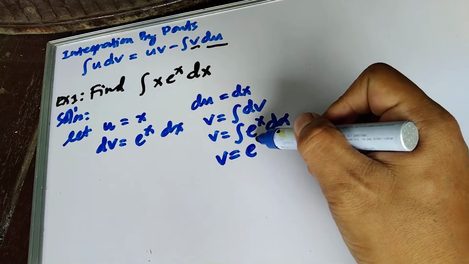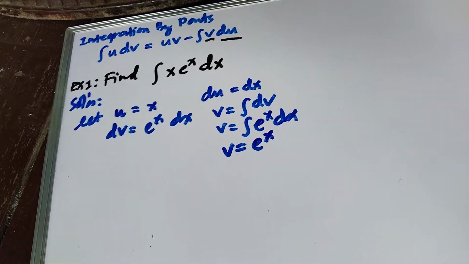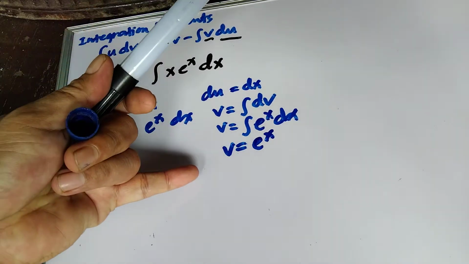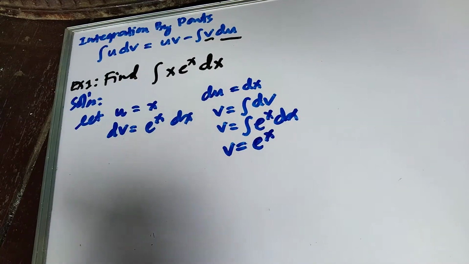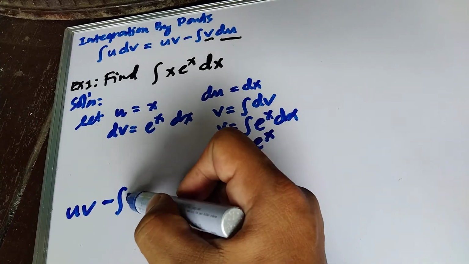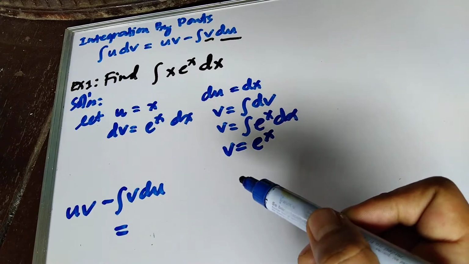That is simply equivalent to e to the x. So at this part, we have u, we have dv, we have du, and we have v.